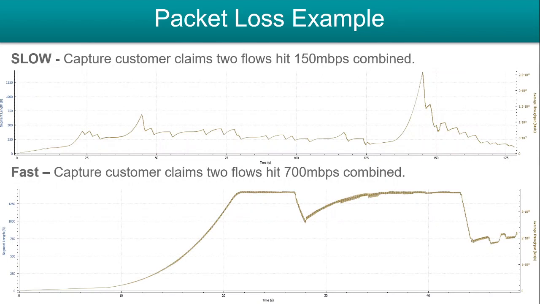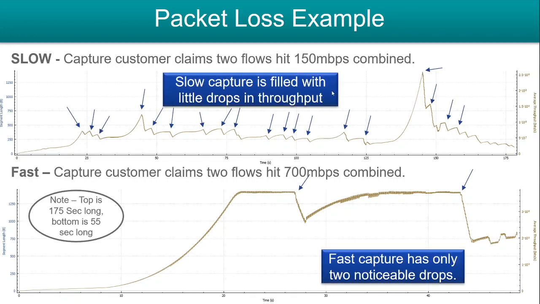We could see that the slow capture up top is definitely very different looking from the one on the bottom. Also keep in mind these are different lengths of time. On the x-axis, this is time 0, this is 25 seconds in, 50, 75, 100, all the way up to just over 175 seconds, whereas our bottom one is 55 seconds.